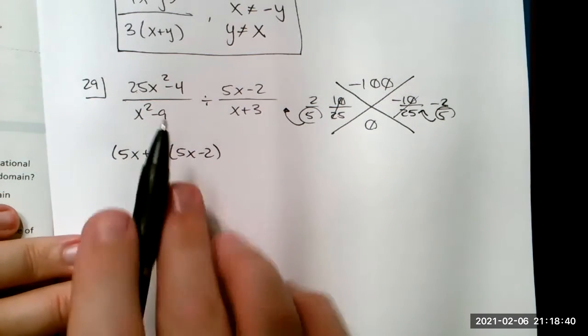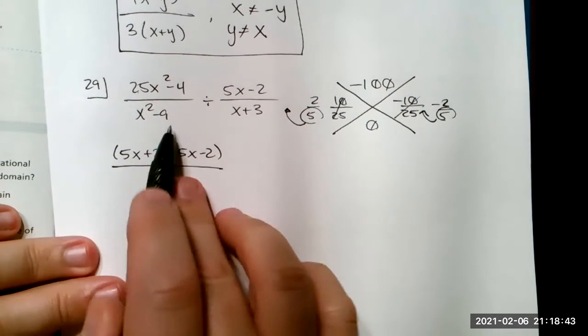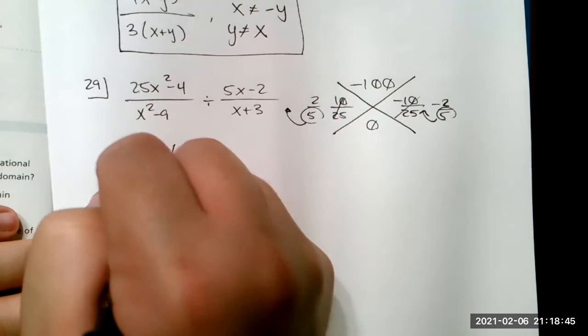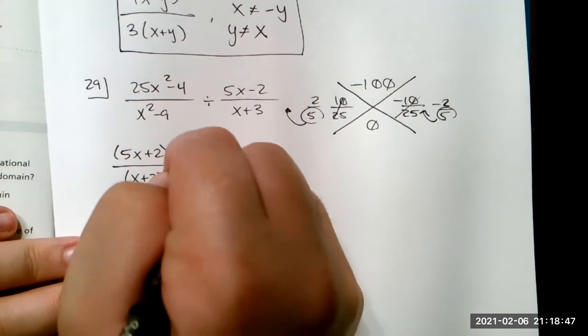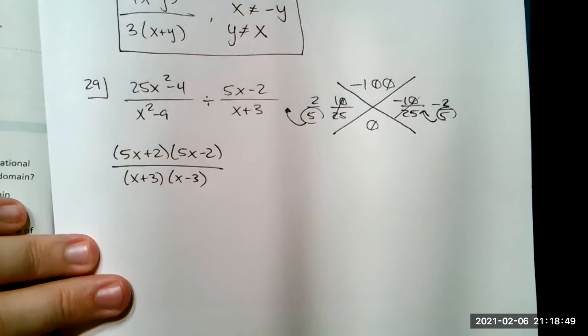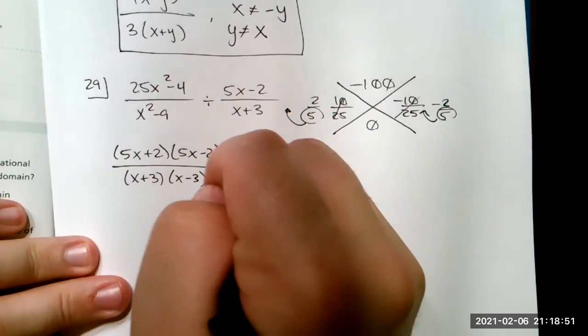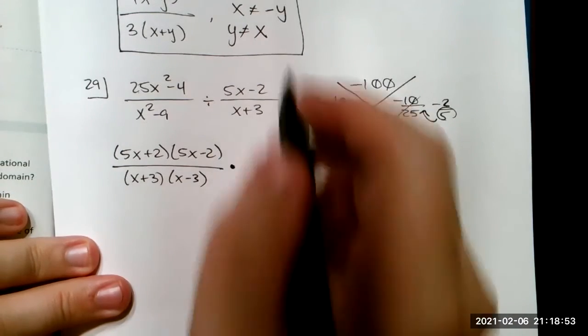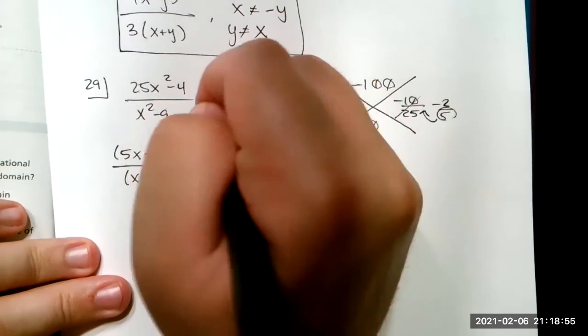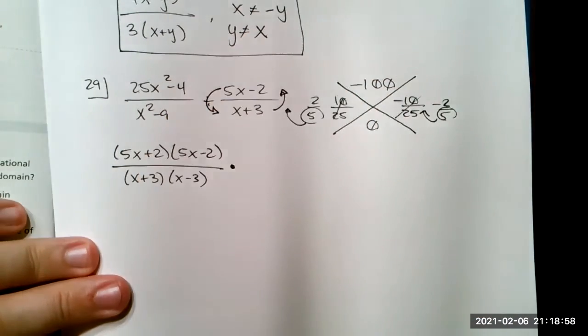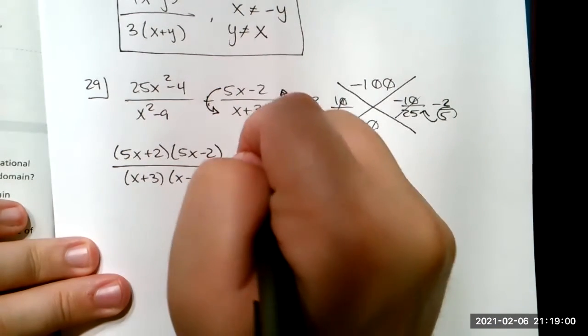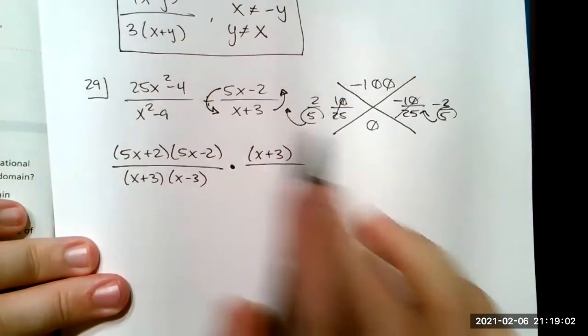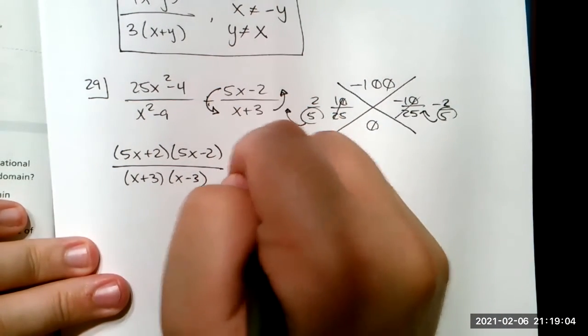My denominator, x squared minus 9, if you factor it, is x plus 3 times x minus 3. Keep, change, rearrange. So this denominator becomes my numerator and the numerator becomes my denominator. So x plus 3 goes up top, 5x minus 2 goes down below.